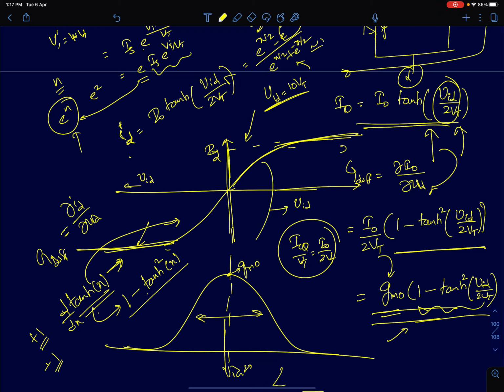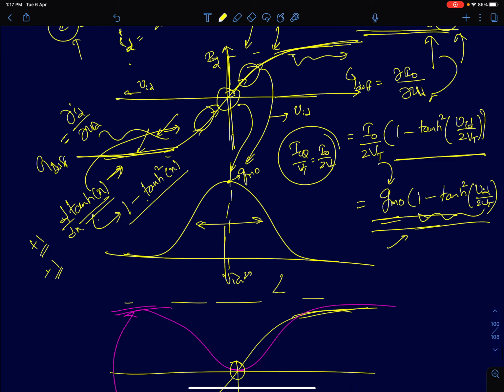If I differentiate this graph, you can see the slope becomes 0 on either side, and the slope is always positive. Since this function is an odd function, the slope is going to be the same on either side, and it's going to be maximum at the origin. It's going to go to 0 on both sides eventually.